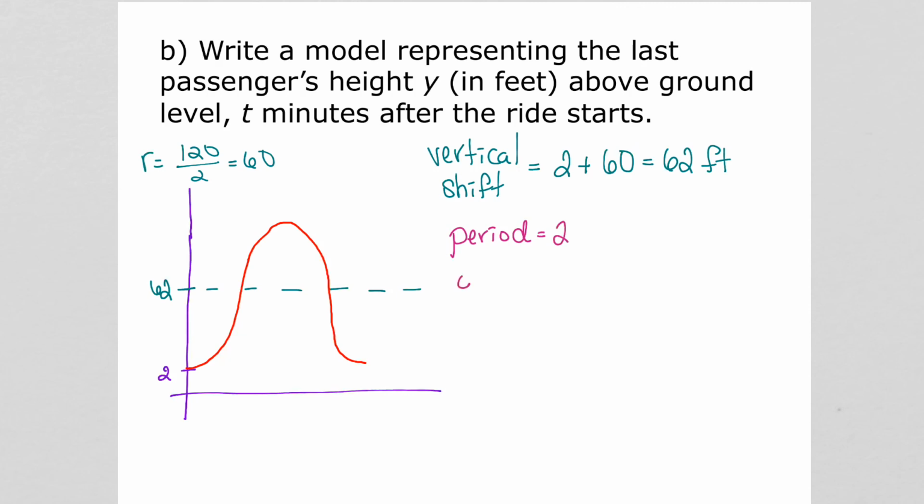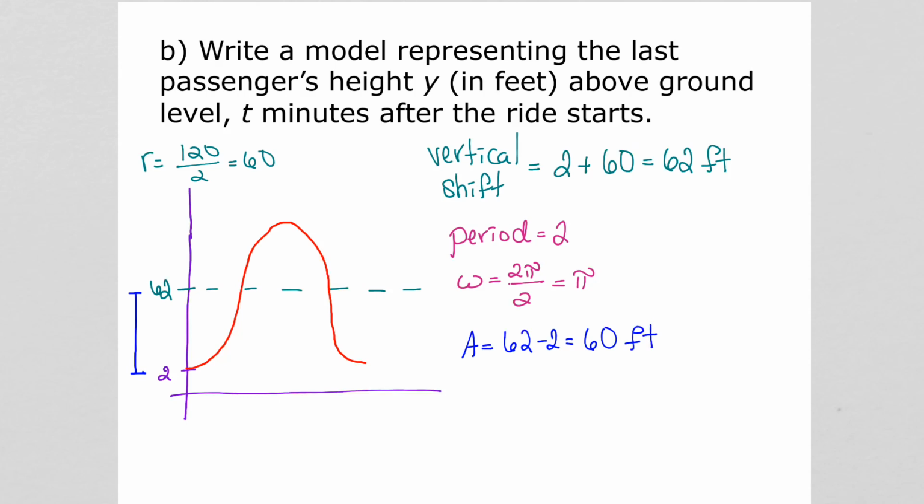To find omega, that is 2 pi divided by the period, or pi. And lastly, what's the amplitude? So the amplitude would be the distance from here to here, or from here to there, right? So the distance, the amplitude, would be 62 minus 2, or 60 feet.